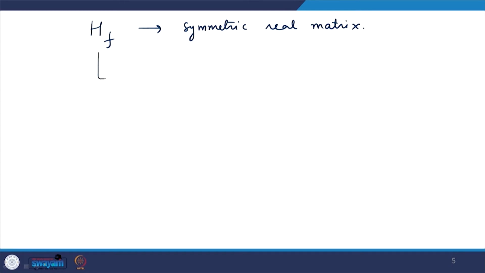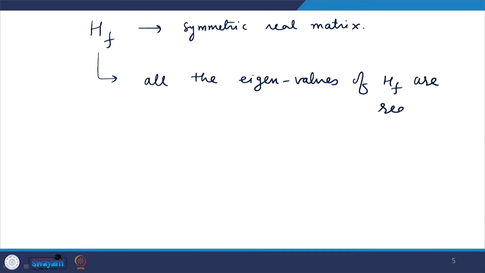So, first of all we can say that all the eigenvalues of the Hessian matrix are real. This important property is used in finding other aspects of the Hessian matrix. We will discuss later why we are discussing eigenvalues of the Hessian matrix. It has a significant role in deciding the definiteness of a Hessian matrix.